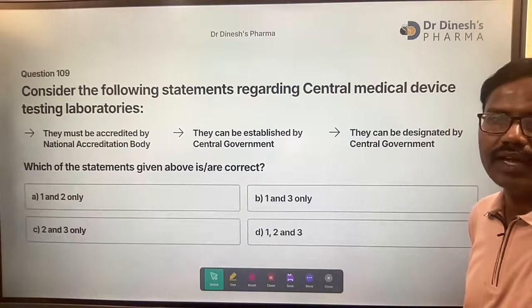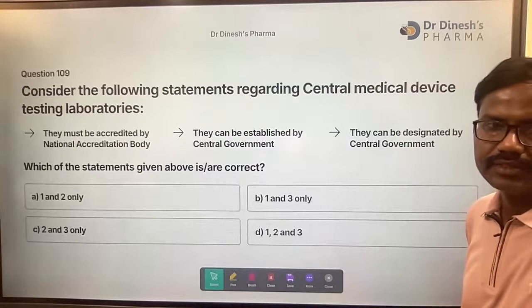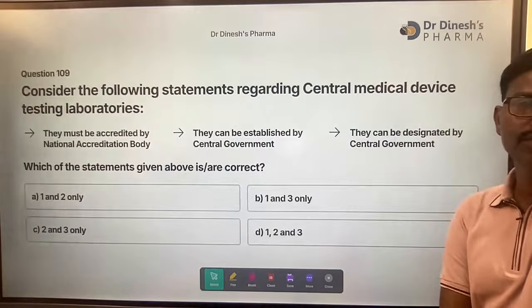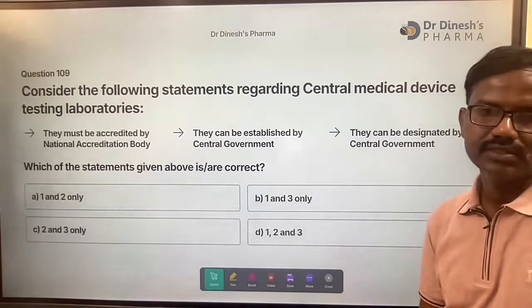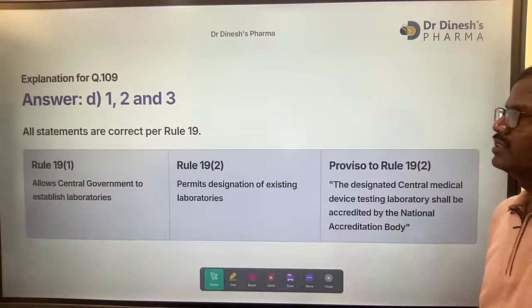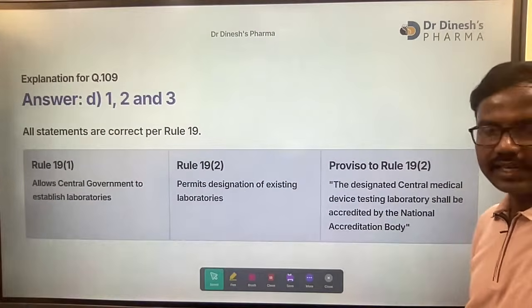Answer please. Everybody should get involved, pose your answers. Okay, the right answer is D, 1, 2, and 3. So all statements are correct.